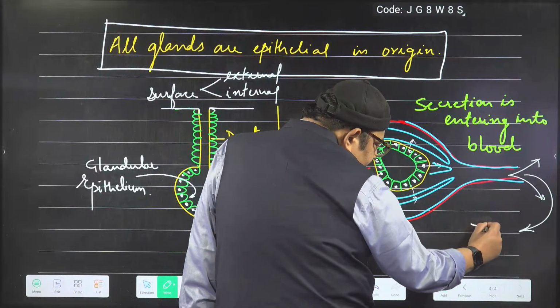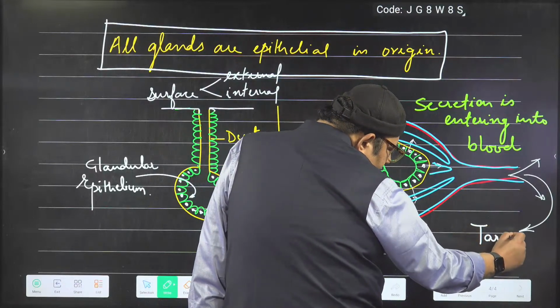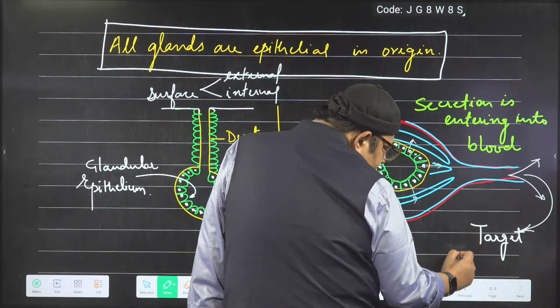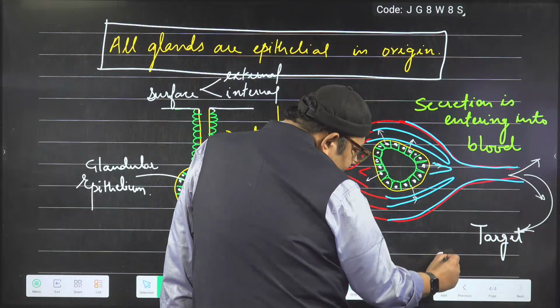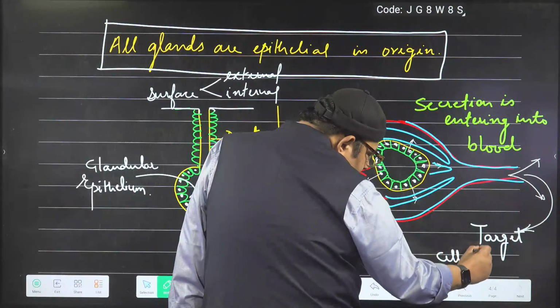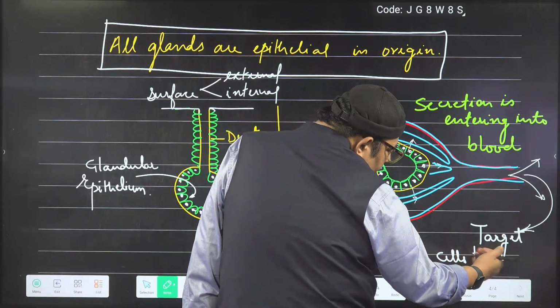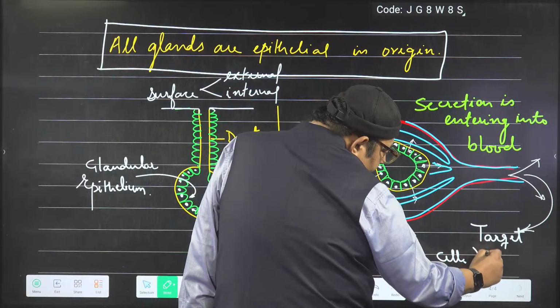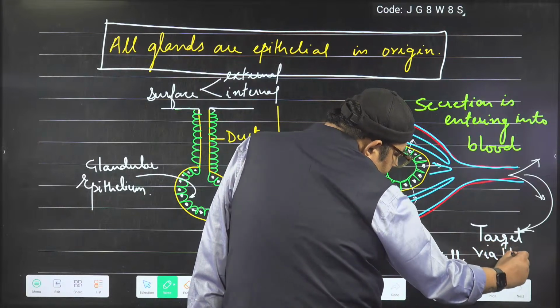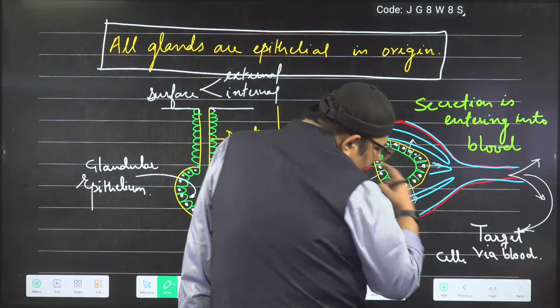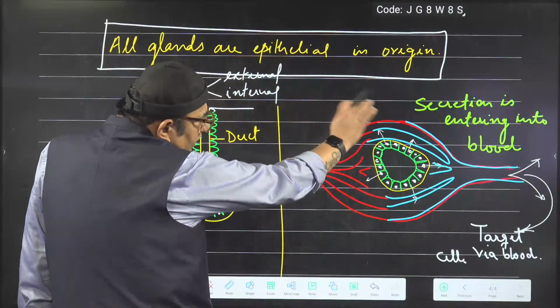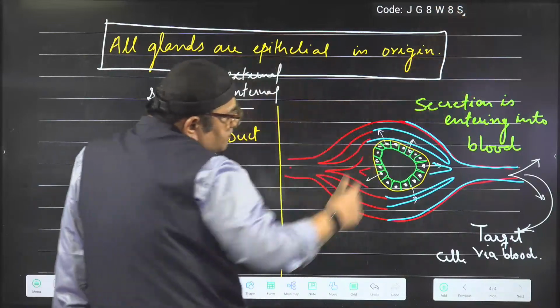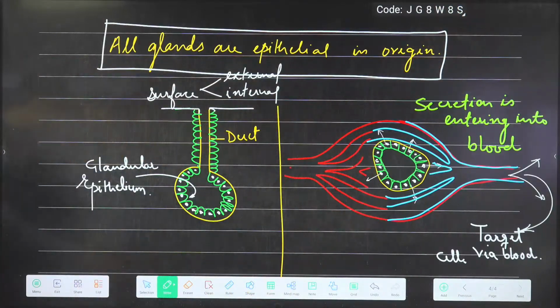So the secretion is carried to the target cells via blood. That means the target is not around, the target may be at a distance, and through the bloodstream it is taken to the target.